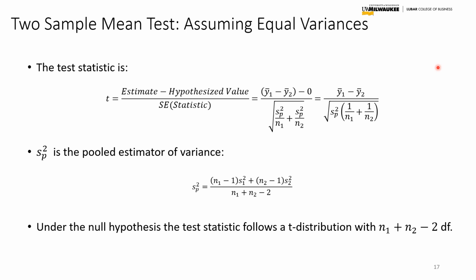Here is the test statistic. It is a t-statistic that is looking very similar to what we learned in the one population mean test. We have an estimate, in this case an estimate for the difference in the population means, which is y bar 1 minus y bar 2, minus the hypothesized value, which is 0. We're saying there's no difference in the null, over the standard error.